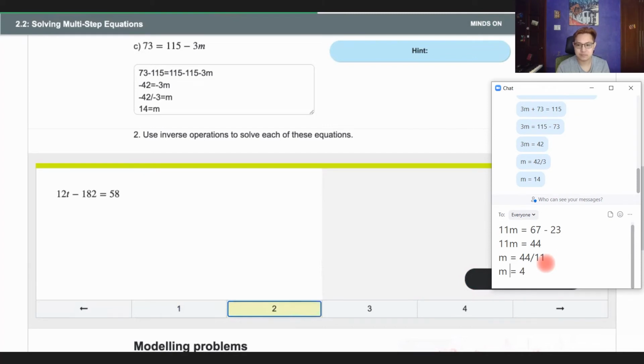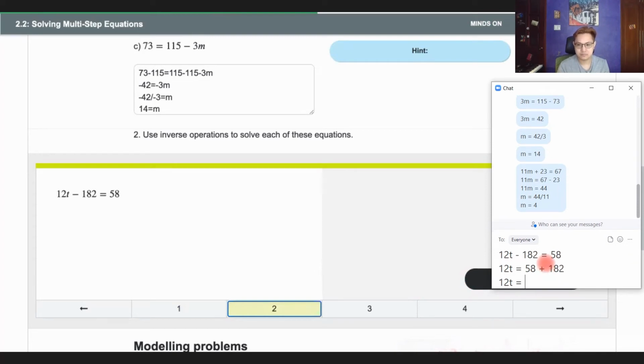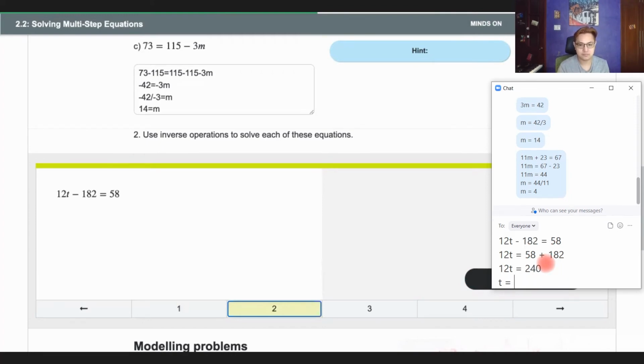So this one. Bring 182 to the other side. 58 plus 182 is equal to 240. 240 divided by 12.